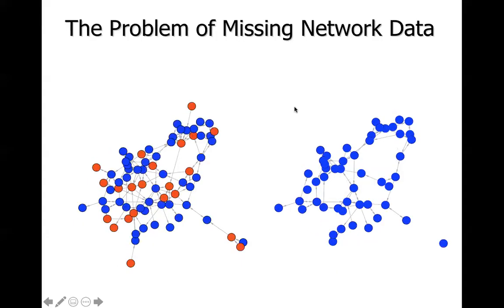So what you have here is the same basic picture. The left-hand side is the same picture from the previous slide. The right-hand side here is designed to give us a little sense of why having missing information, in this case in the form of non-respondents, might be a problem. Why is it troublesome to have an incomplete network picture?